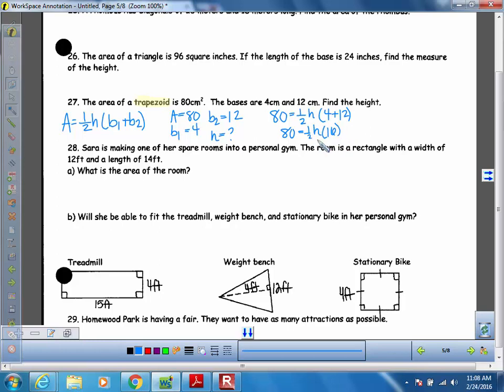Now, my 1/2 can be applied to my 16 because you can't really half an h, so we're going to apply it to this 16. And when we do, we get 80 equals 8h. Then to solve for the height, we want to get h by itself, so we divide by 8, and our height would equal 10 centimeters.